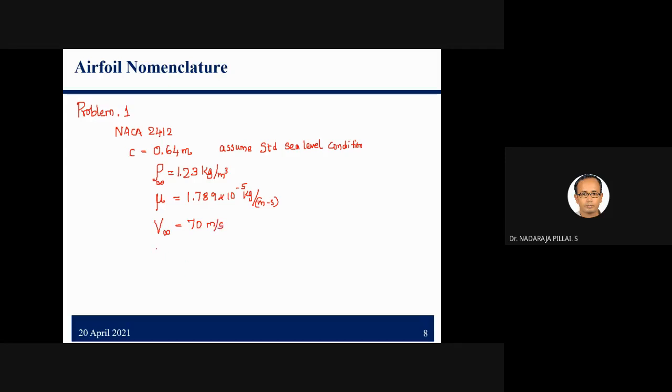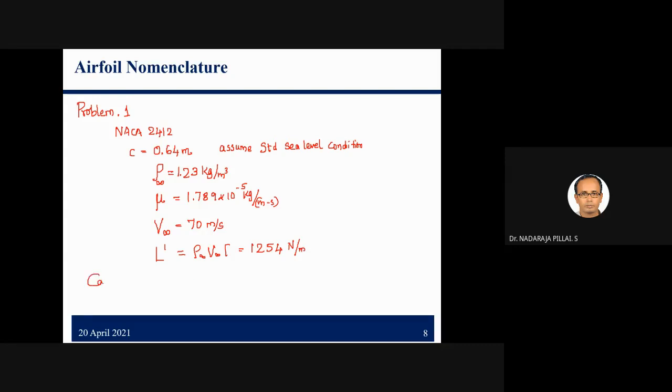The lift per unit span, do you remember, lift per unit span is equal to rho infinity V infinity gamma. The lift per unit span is 1254 Newton per meter.